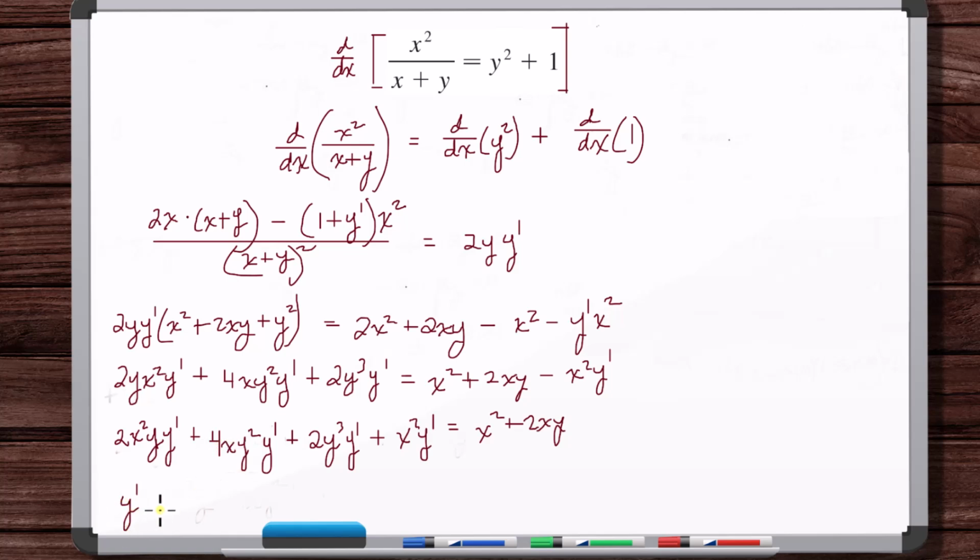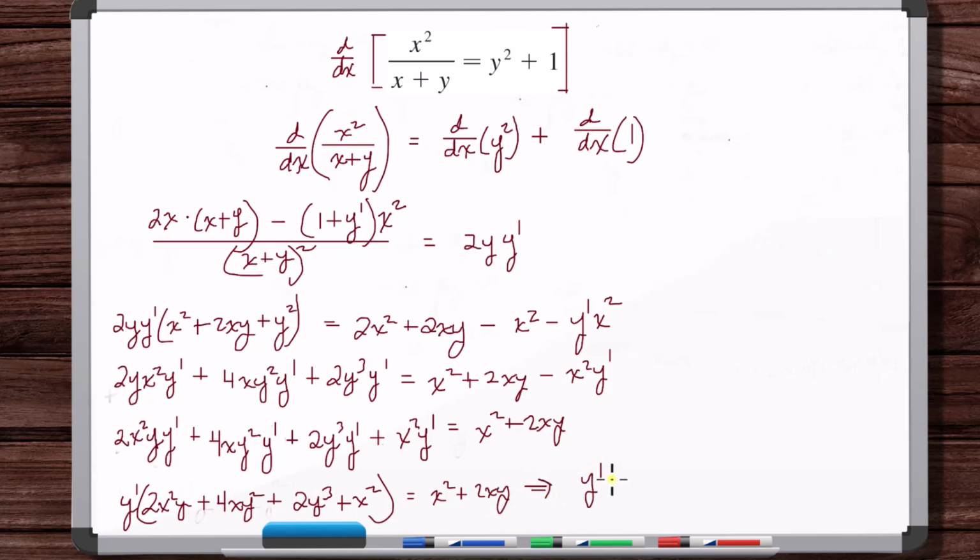Now factoring out a y prime, we have 2x squared y plus 4x y squared plus 2y cubed plus x squared is equal to x squared plus 2xy.